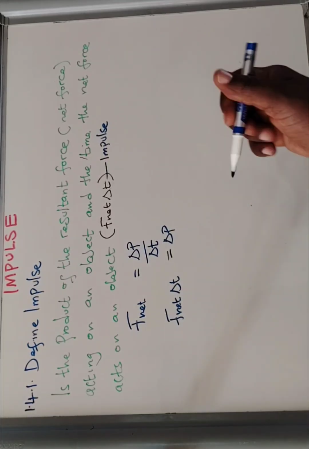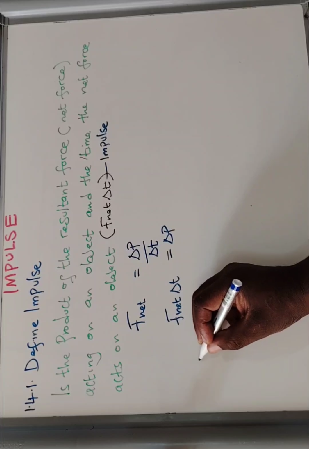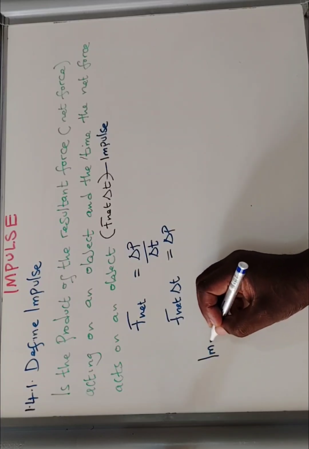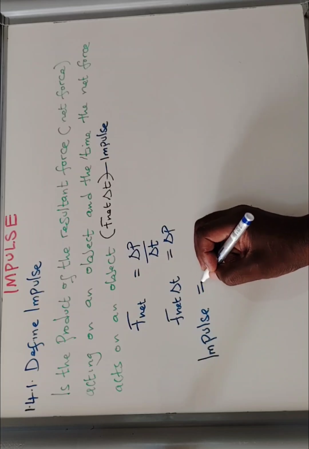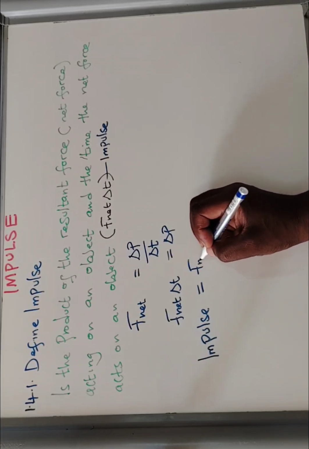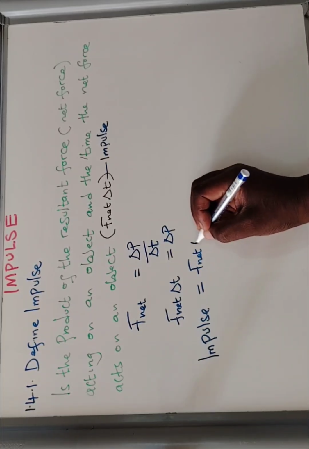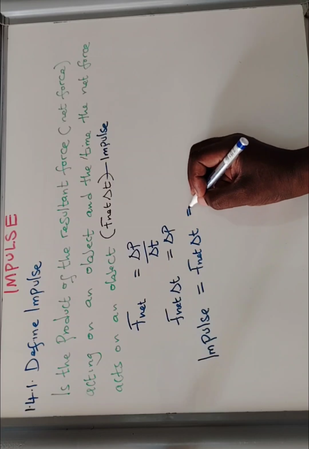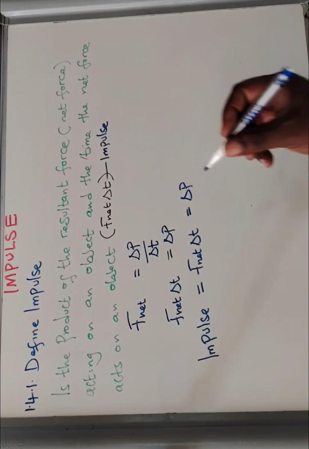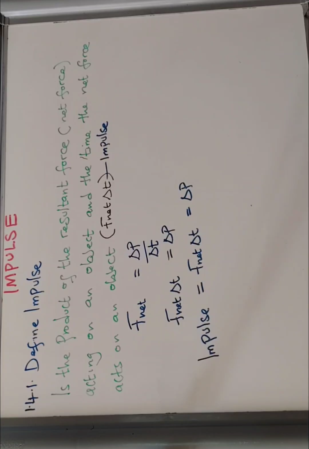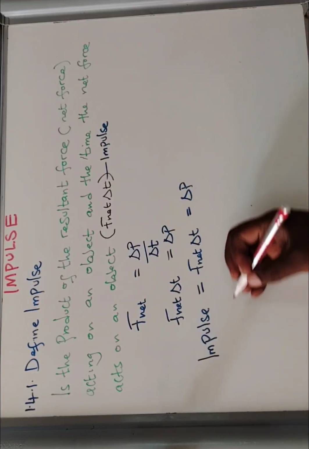So we can easily say that impulse is equal to the product of net force and time, which is also equal to delta P. So during our calculations, every time the question comes about impulse, you have two choices.